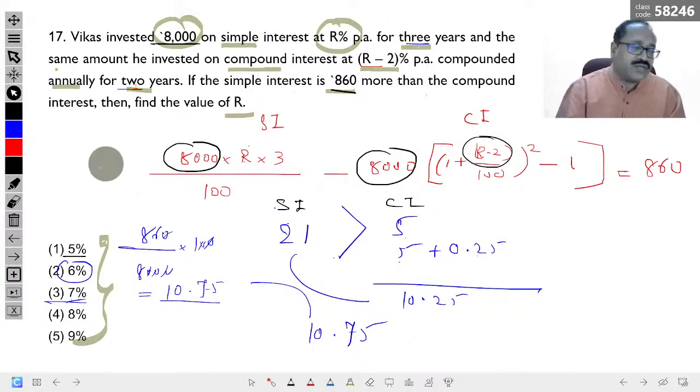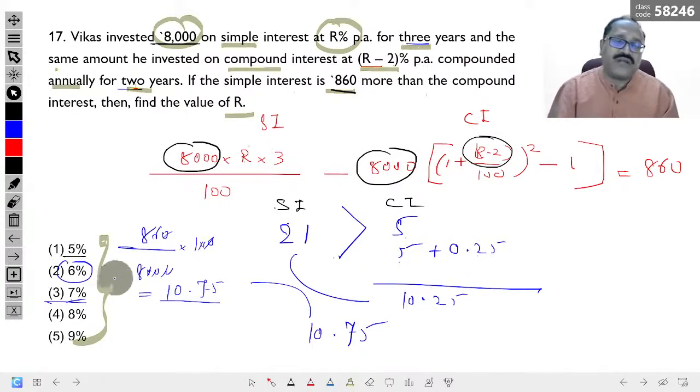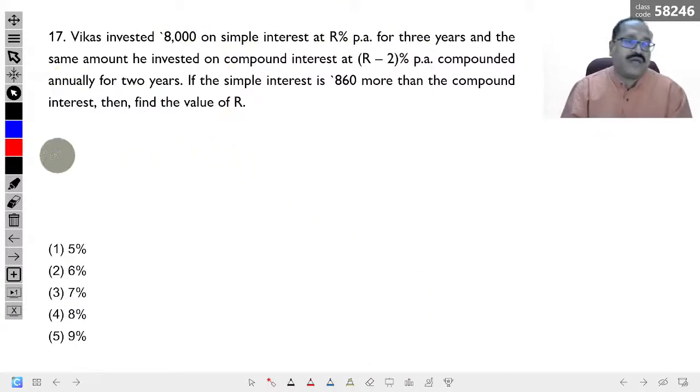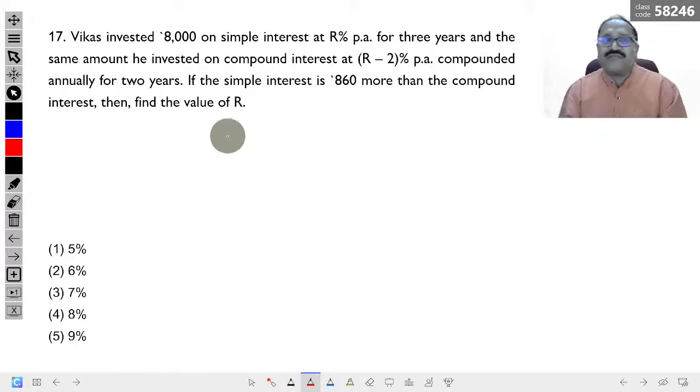Anyhow, it is to be verified through option. Akansha is also saying repeat. Okay, I'll repeat it. Please bear with me, the rest of the people.